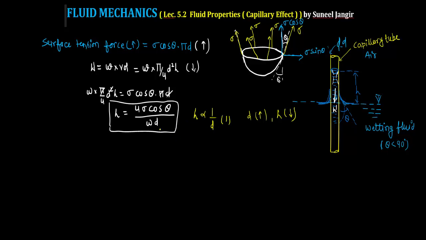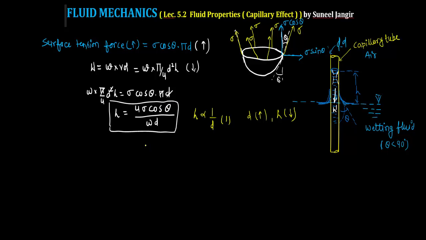In the second one, let's say d is constant, meaning I'm taking the fixed diameter tube every time, but I'm changing the fluid here, and let's say the fluid is a non-wetting fluid.